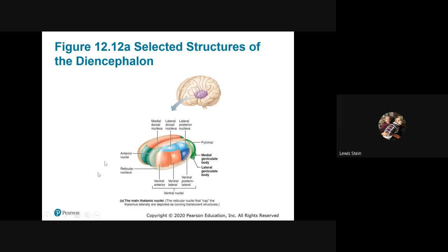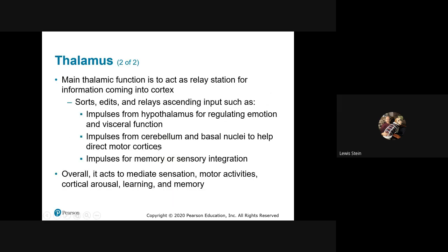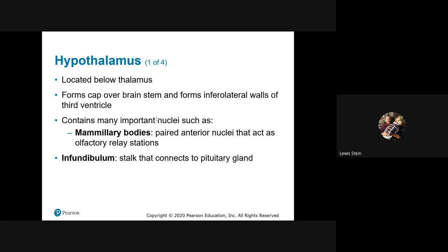And schematically, you have all of these sections. In advanced anatomy, we'll look at these more closely, but effectively, mostly sensory signals coming from all the sensors in your body are processed and directed in the appropriate direction from here. So sorting, editing, and relaying plays a role interacting with hypothalamic activity. It modifies some of the signals that the hypothalamus receives to make sure that the appropriate response is there.